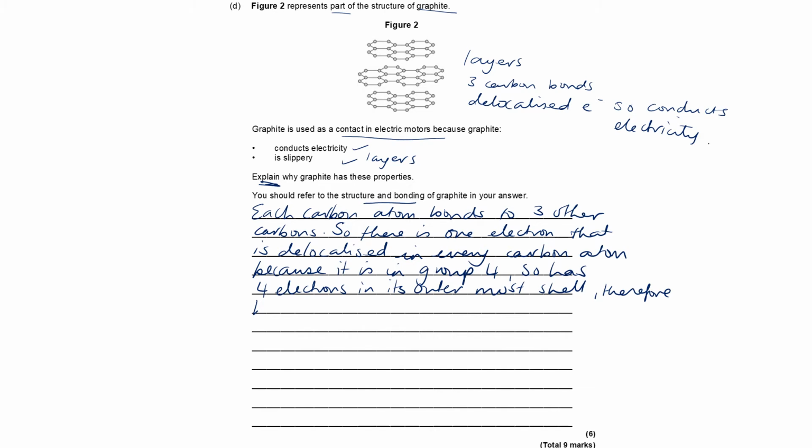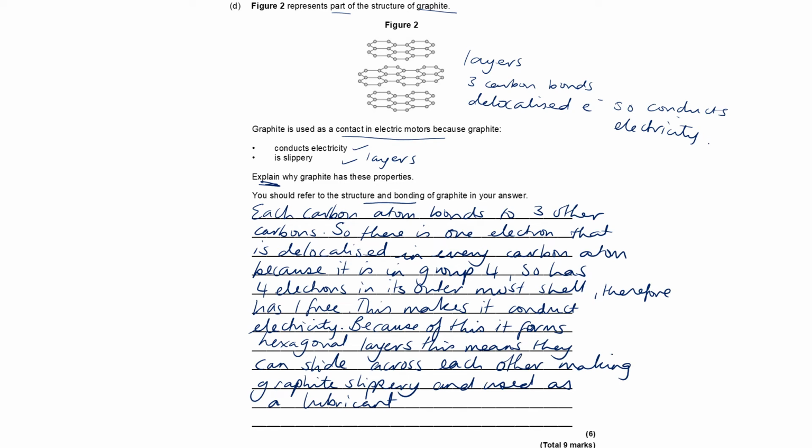So it says each carbon atom bonds to 3 other carbons. Now, I later went back and read the question again, and it says you should refer to the structure and bonding. So I've then said each carbon atom covalently bonds to 3 other carbons. So there is 1 electron that is delocalized in every carbon atom because it is in group 4.